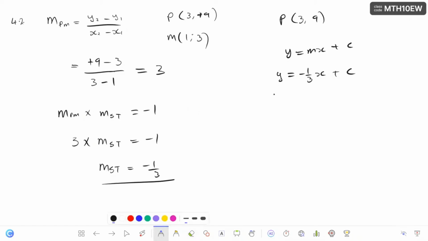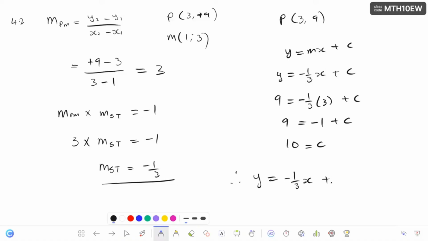Now we substitute the values: 9 is equal to negative 1/3 times 3 plus c, which gives us negative 1 plus c. Taking 1 to the other side, 10 is equal to c. Therefore our equation of the tangent is y equals negative 1/3 x plus 10. So this is how you find the equation of a tangent.